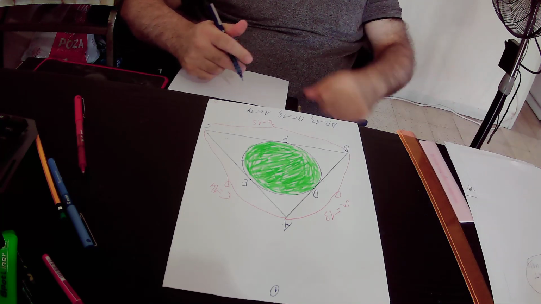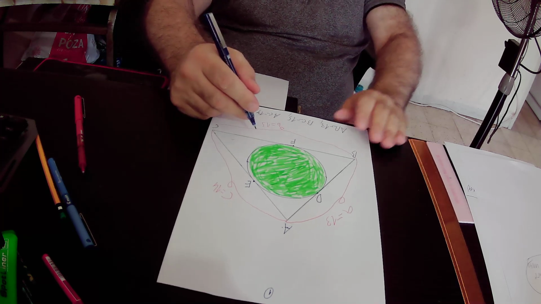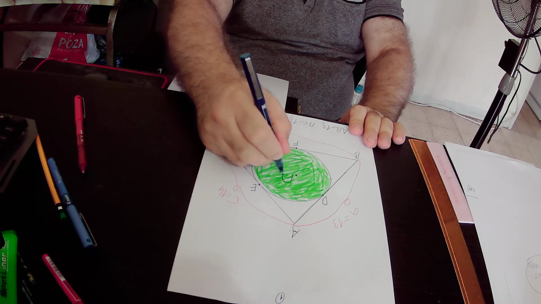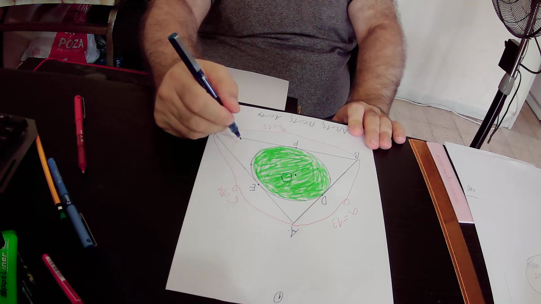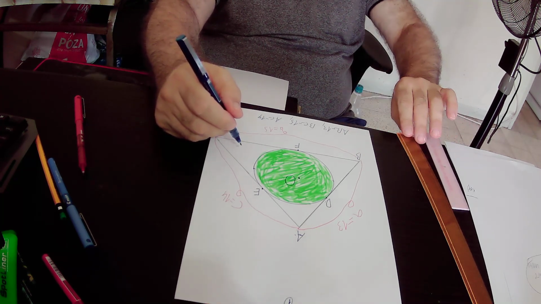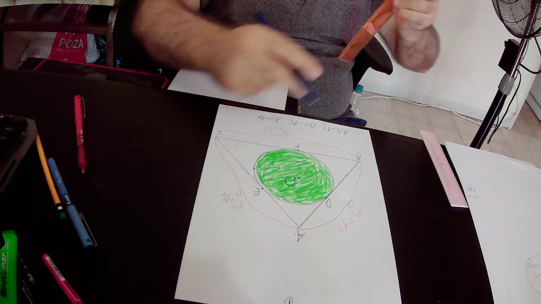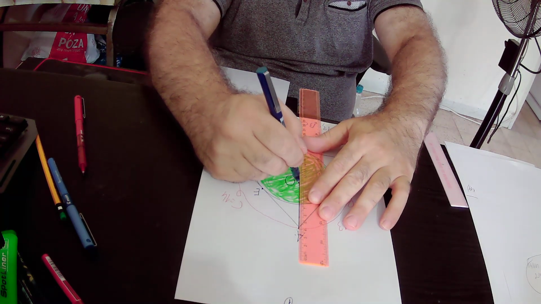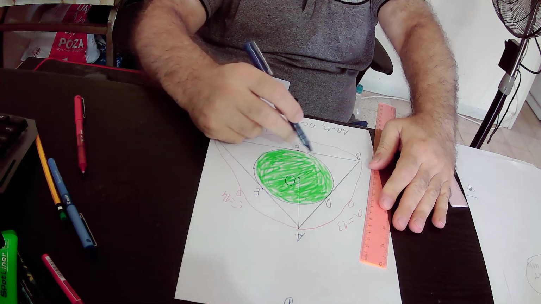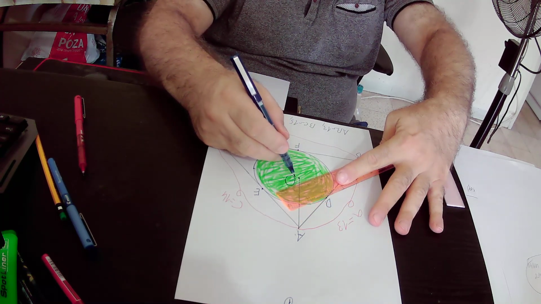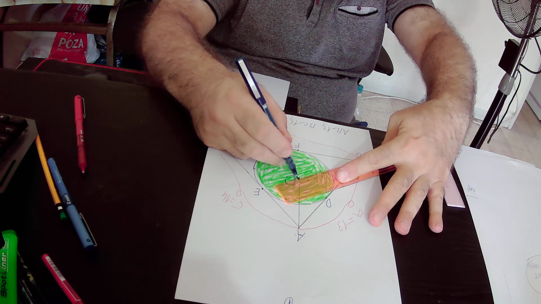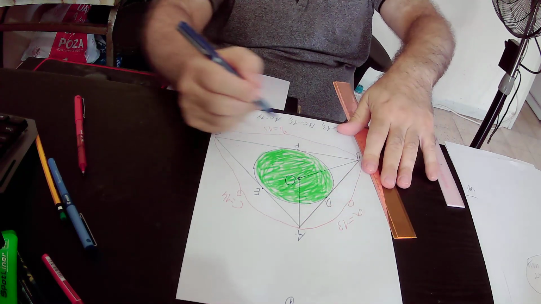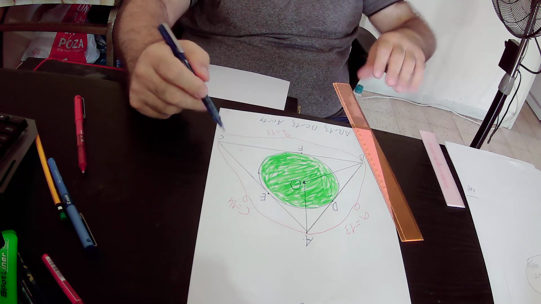First of all, we will define the center of the green circle as point O. Then we will connect points A and O by a straight line, and then points B and O, and we will also connect points O and C by a straight line.